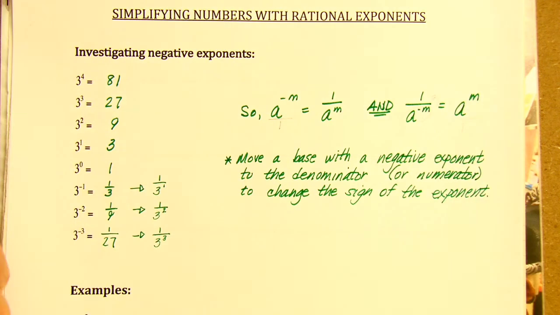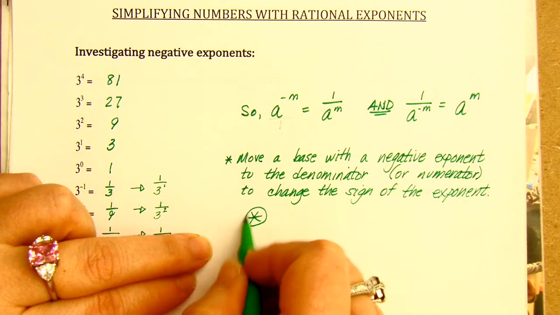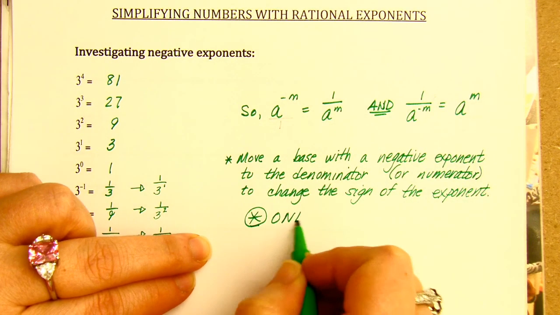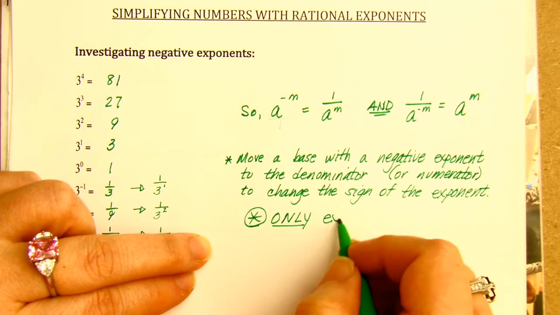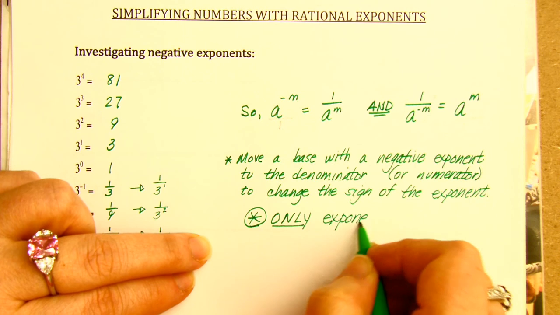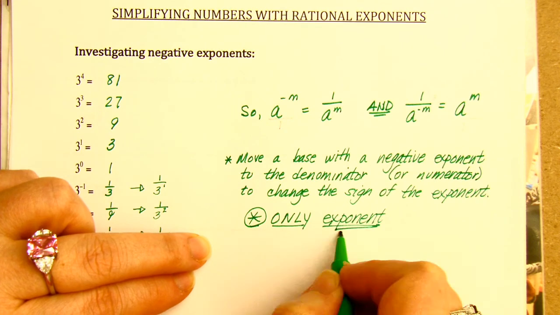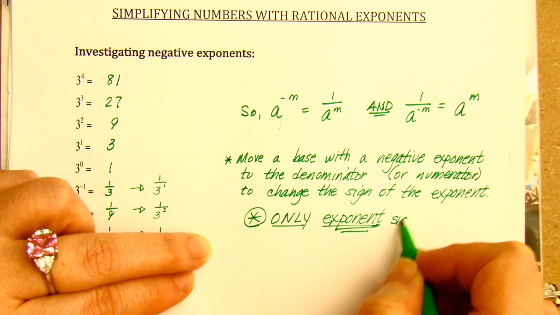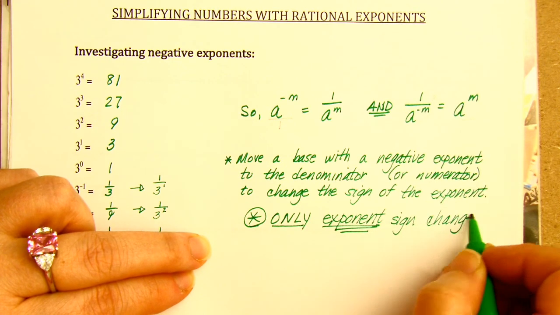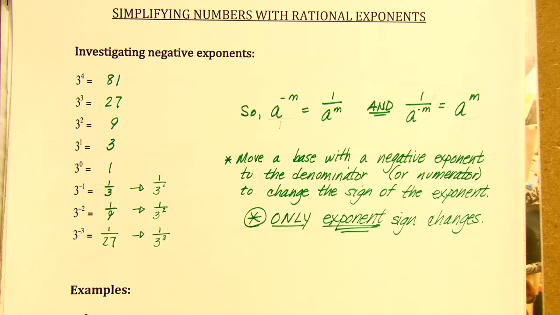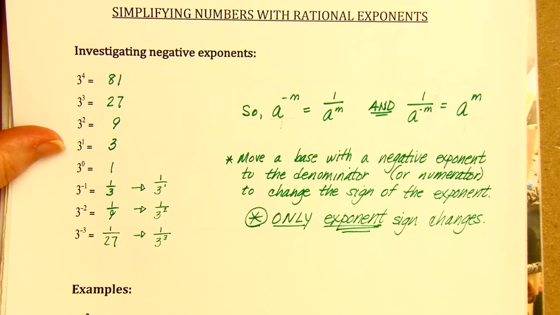And a big star: only the exponent sign will change. Okay, so be careful that you're not trying to change the sign of the base. If it's negative out front, then it's negative out front in the bottom. It's just the sign of the exponent that's going to change.